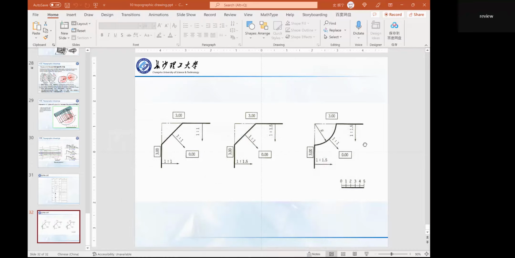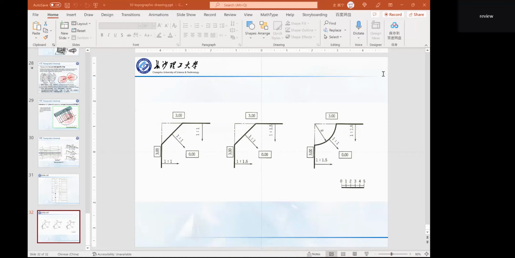Okay, so can you understand this question? Here there are two dams.